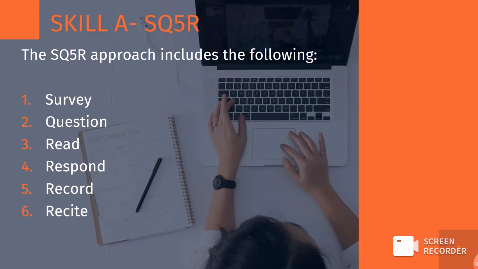All you need to do here is to write a summary of the things that you have written and recite the important ideas that are in the story. And lastly, we have the review. In this step, all you need to do is to review the notes that you have taken and check if you have already answered the questions that you have formulated. So, this is the SQ5R approach to reading. Again, we have survey, question, read, respond, record, recite, and review.